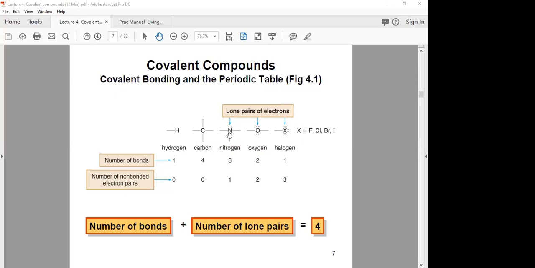Nitrogen belongs to group 5A, which gives it 5 valence electrons. It wants 8. In order to achieve that, it will form 3 covalent bonds. In other words, it will use 3 of its 5 valence electrons to participate in the formation of 3 covalent bonds, and that leaves it with 1 lone pair of electrons.